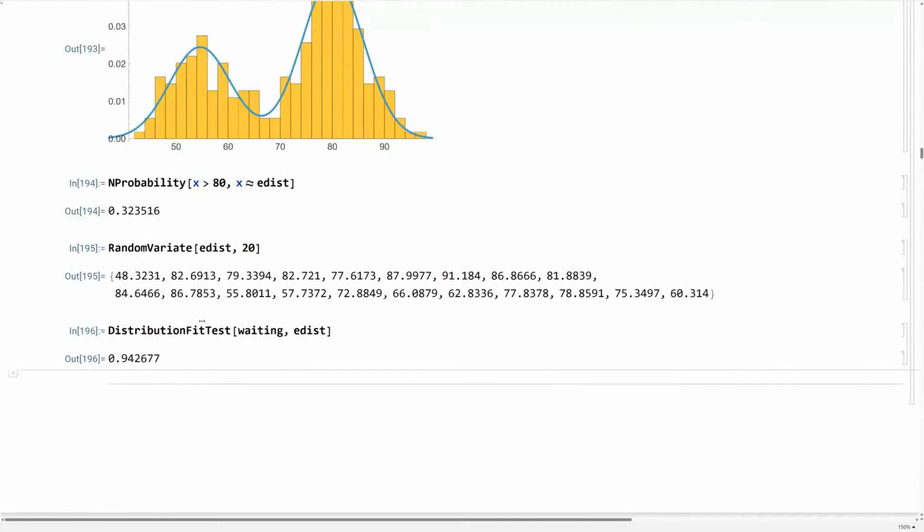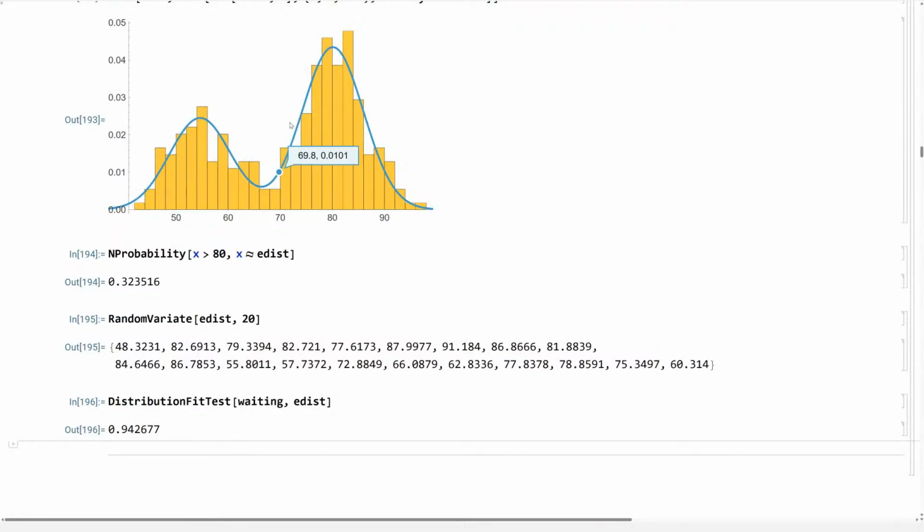We can also check how well the waiting time fits the distribution. This time it's way higher than the previous time, about 94%. So based on this model, we have a better understanding of how long and what the chances are that we're waiting there.